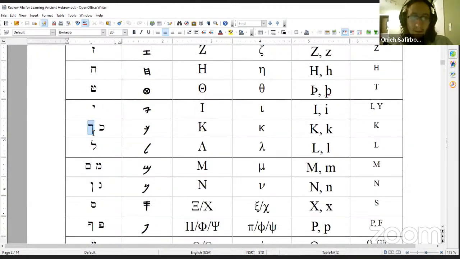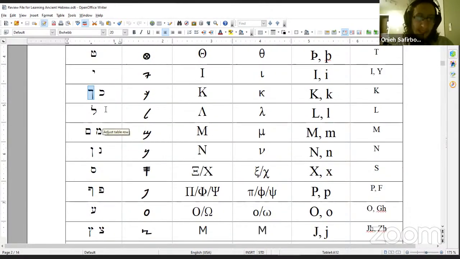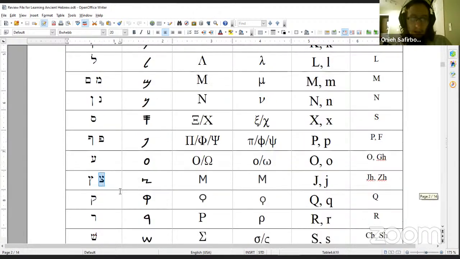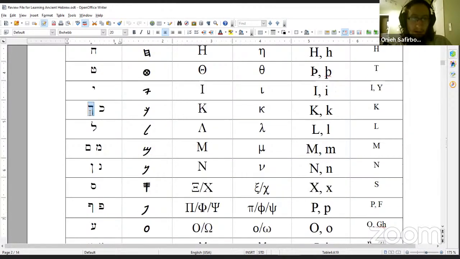So if it's at the end of a word, it takes a different form, versus if it's in the beginning or in the middle of a word, it'll have this form. But if it's at the end, we'll have this second form.